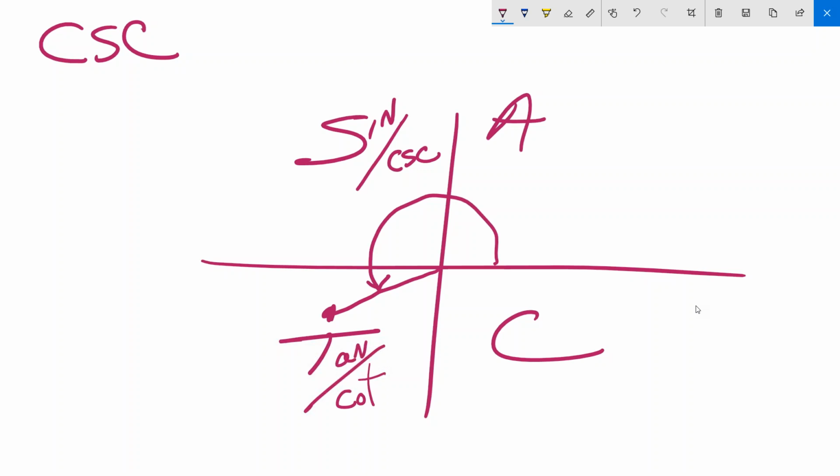So if I have a number that is plus or minus, its reciprocal is also going to be plus or minus. And cosine is actually cosine, and what's its reciprocal trig function? Well, it's secant. Secant is the reciprocal of cosine.